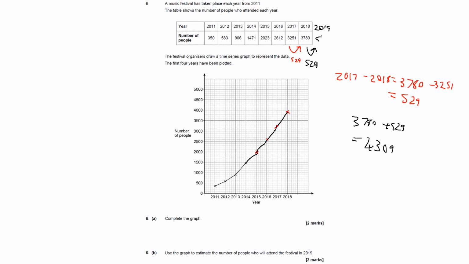Okay? So all we're doing with timescale diagrams is using the previous solutions to estimate what the values are going to be later.